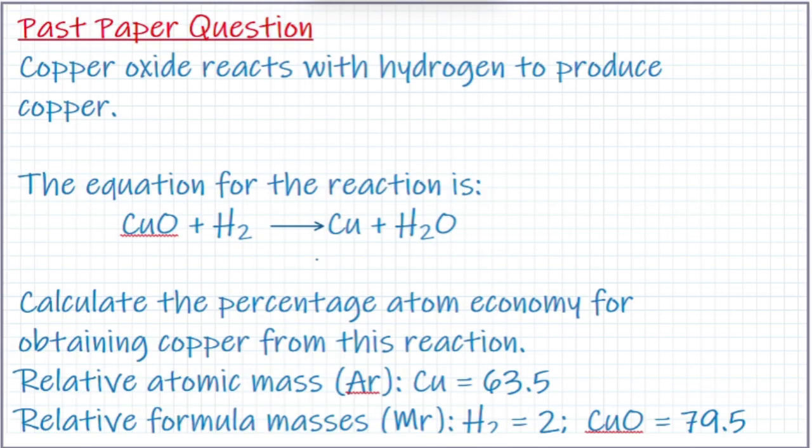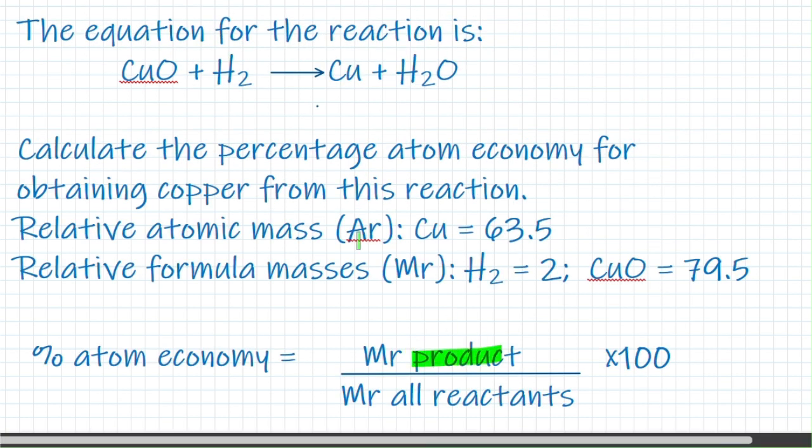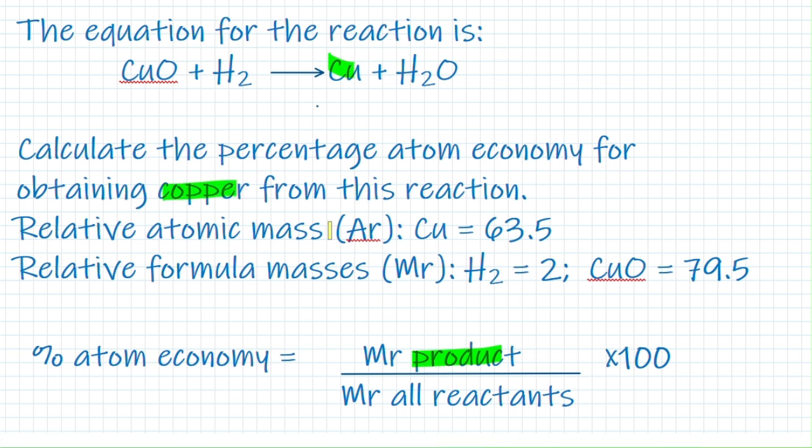Now, our formula masses and MRs are all worked out for us. They've given those in the question. So all we need is the formula, which we know is the percentage atom economy: MR of product divided by MR of all reactants times 100. We know our product is the copper, the Cu. The reactants are the copper oxide and the hydrogen.